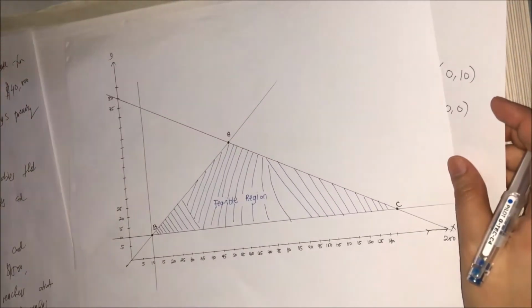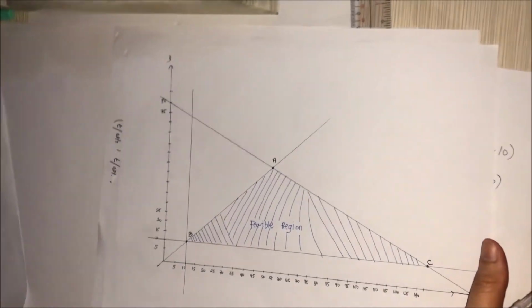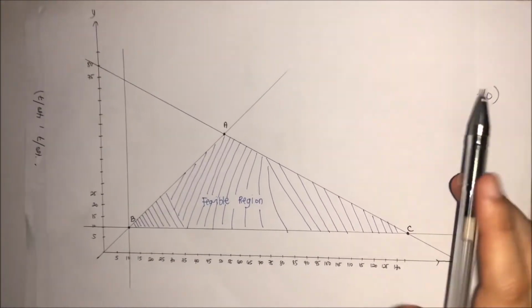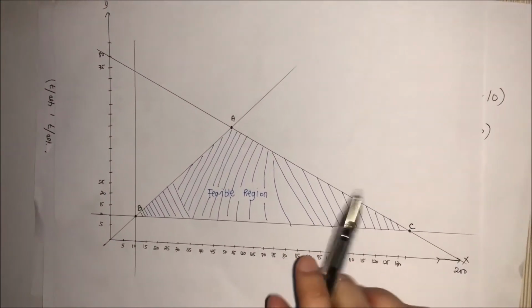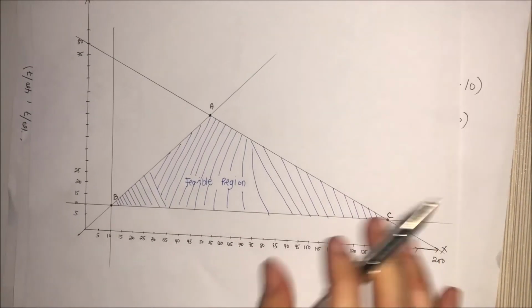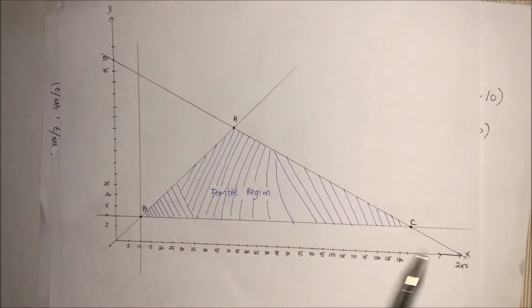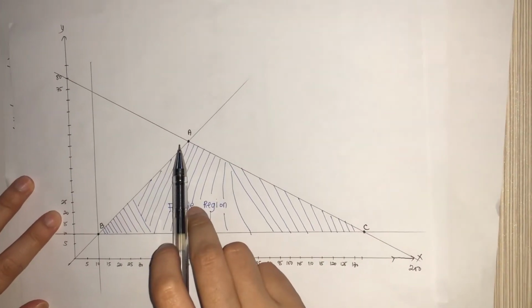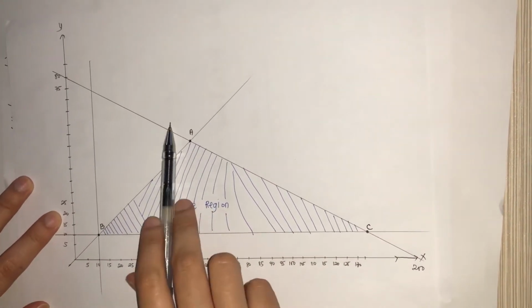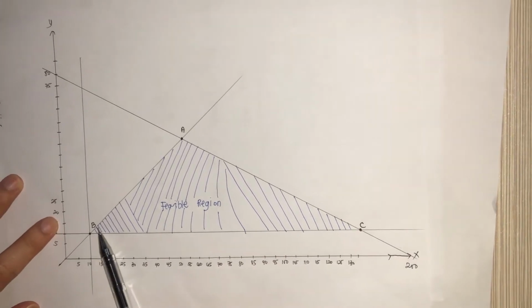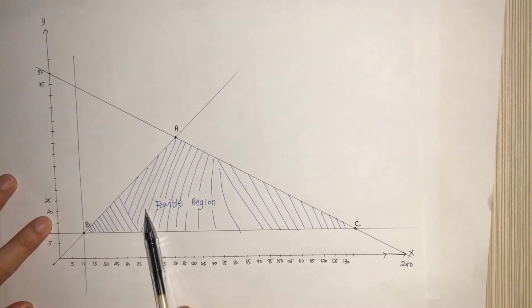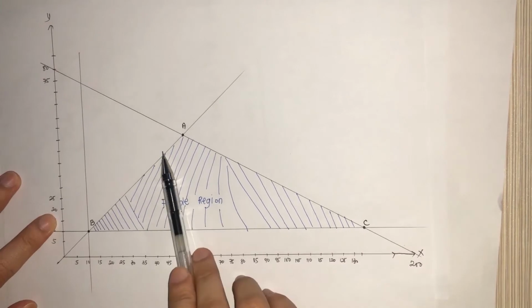Here, the feasible region, or the feasible points, are shown. We have points A, B, and C. Point A is the intersection between constraints 1 and 3. Point B is the intersection between constraints 2 and 3.